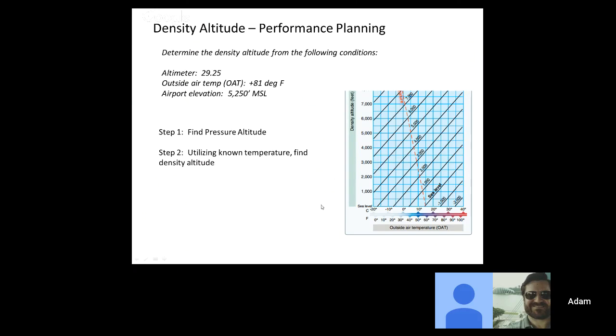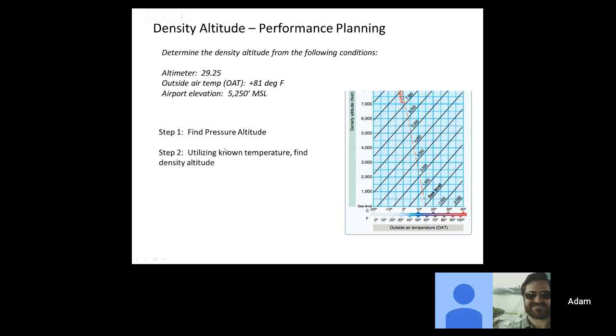So let's run through a quick example because this is an important one. You'll see it on the written test, and quite frankly, when you're doing performance planning, you'll always be calculating density altitude, especially if you're leaving Texas and going to like New Mexico or something like that.